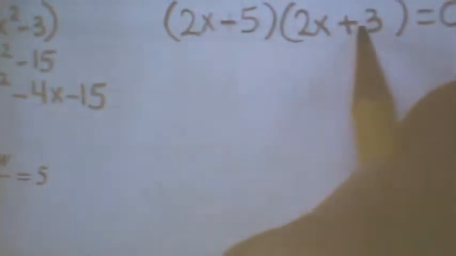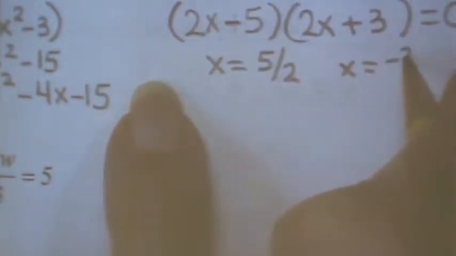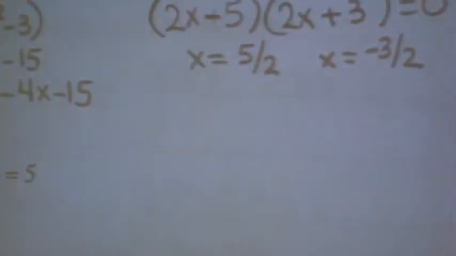Let's see if he's right. 2x times 2x is 4x squared, you get 6x minus 10x. Yes, you got it. So what are your answers? 5 halves and negative 3 halves. Good job.